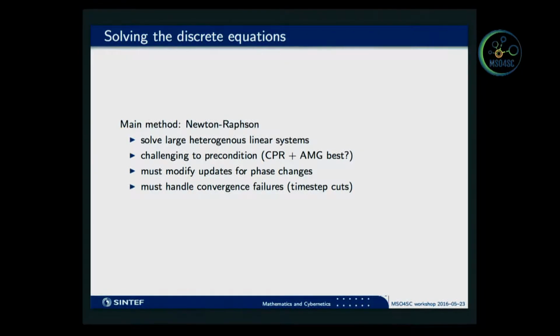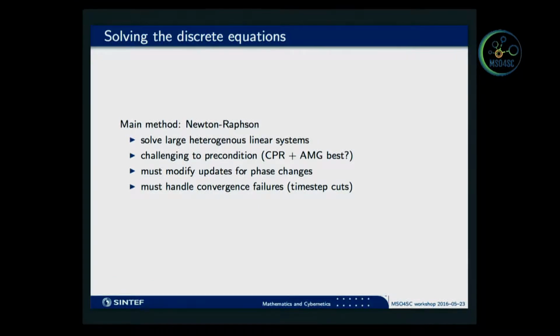Our default method is ILU 0 in a block way, with a block of equations and unknowns for each cell. You must modify the update to account for the phase changes.